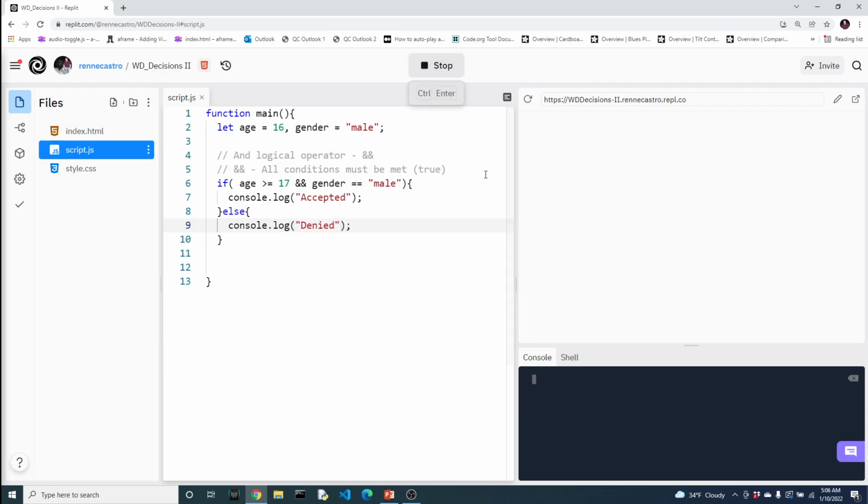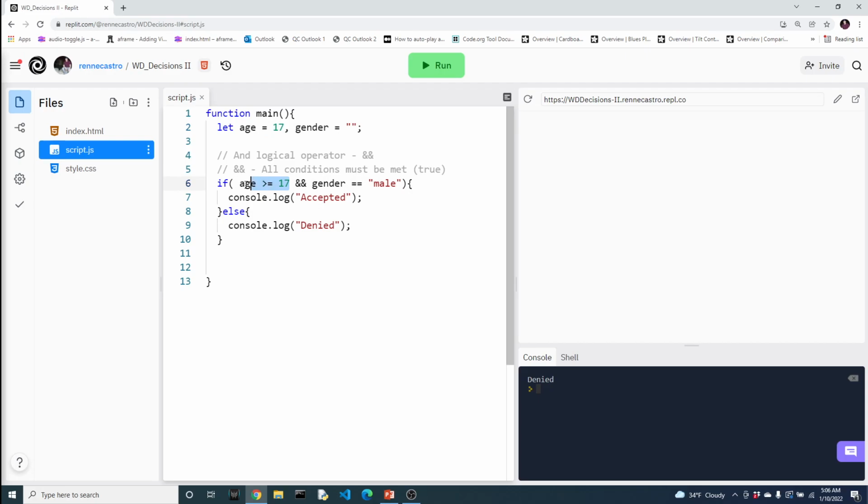All right, let's run that again. And again, it's always a good practice to give your users some kind of feedback, whether it's negative or positive. All right, so let's switch it around now. Let's say gender, let's say the person just didn't specify a gender. So they are at least 17, but there is no gender.